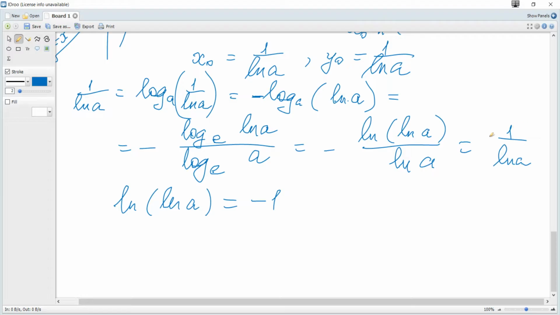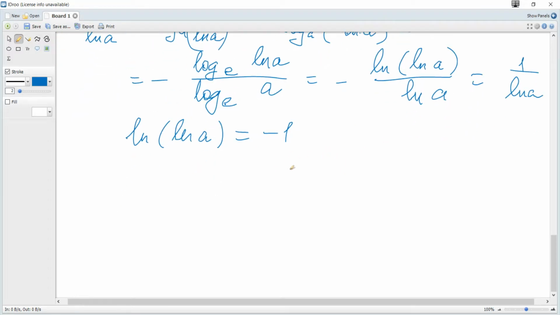Just move this minus to the right. And by definition, how to undo any log: base to the power of this is equal to this. So base is e, so e to negative 1 is ln a.